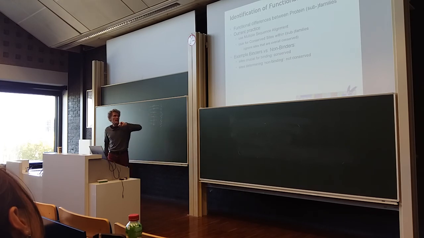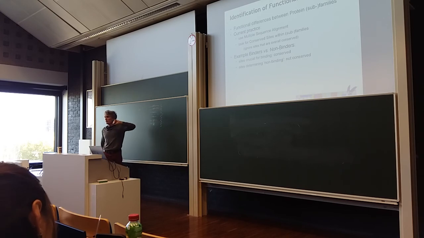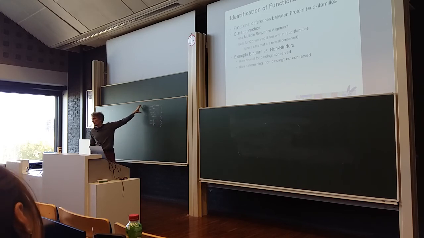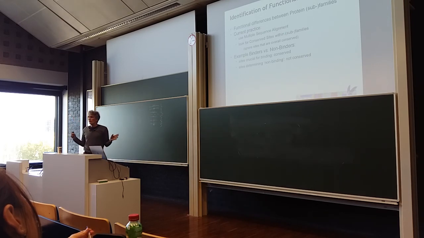Because what you often have is things about specificity, where, if specificity is usually about binding, right? So if this tryptophan is very important for binding a particular ligand for subfamily A, maybe it's important for subfamily B to not bind the same ligand, maybe because they're in the signaling pathway and they shouldn't listen to each other's signals.